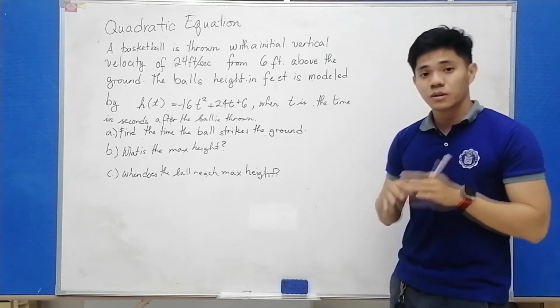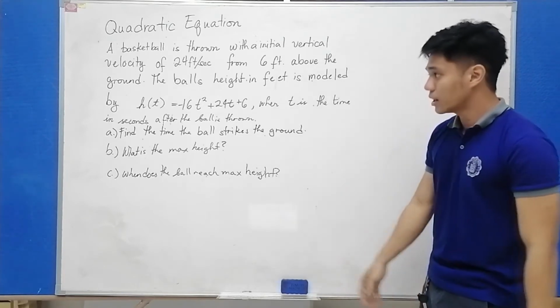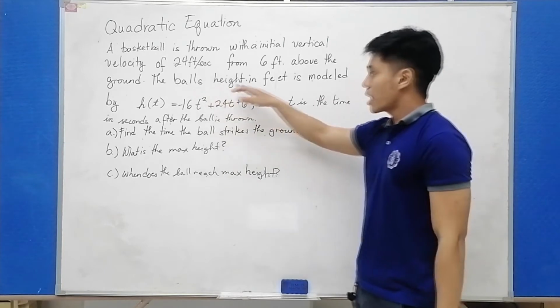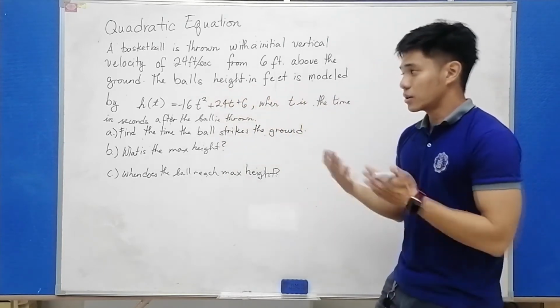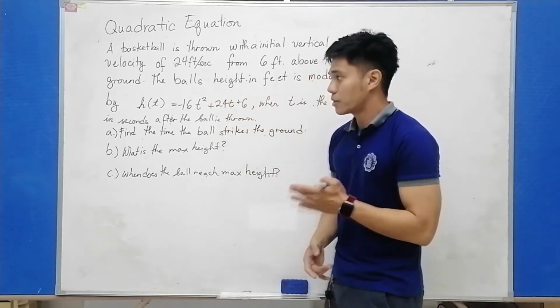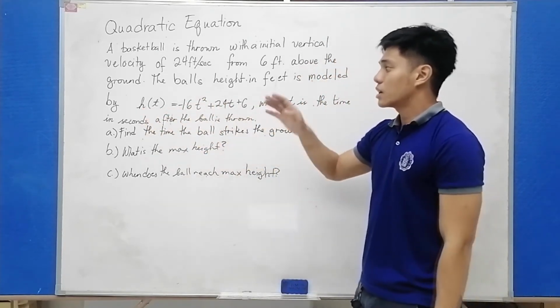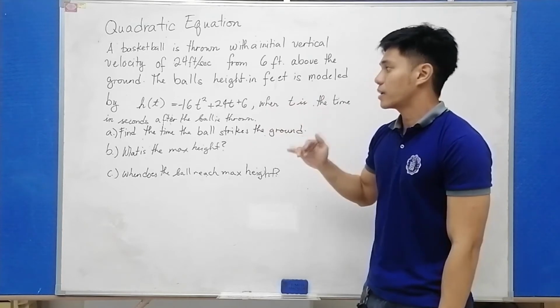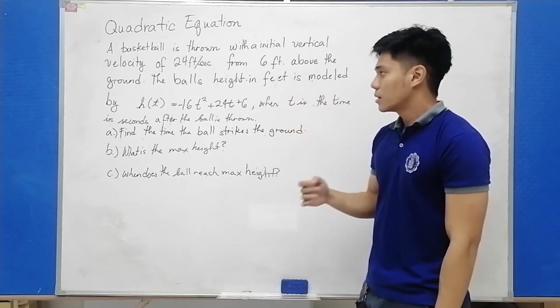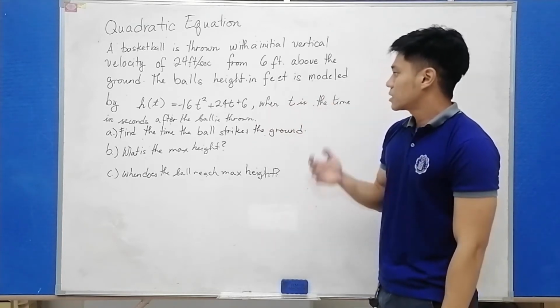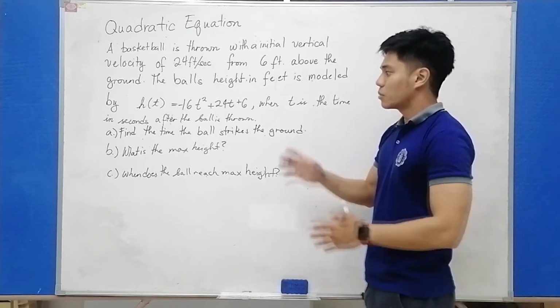So that's how fast the ball is moving. Now, the ball's height in feet is modeled by this equation. So we were able to derive an equation wherein h of t is equal to negative 16t squared plus 24t plus 6, where t is the time in seconds after the ball is thrown.